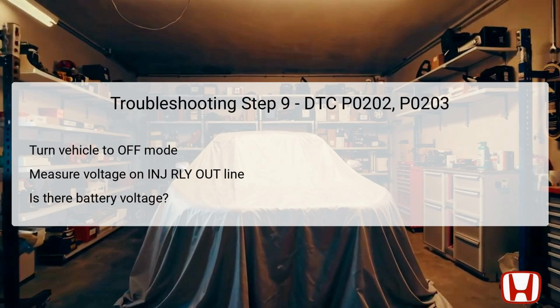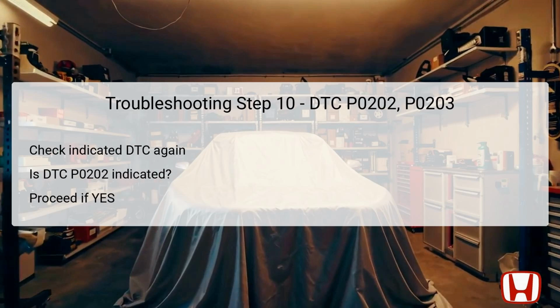If no voltage readings occur, it implies a problem exists in the INJ relay out wire, necessitating further diagnostic actions to identify the issue. For this step, recheck the DTC status using the HDS following the voltage checks on the injector circuits. If DTC P0202 still appears, it confirms that corrective actions are needed in the circuitry for the number 2 injector.